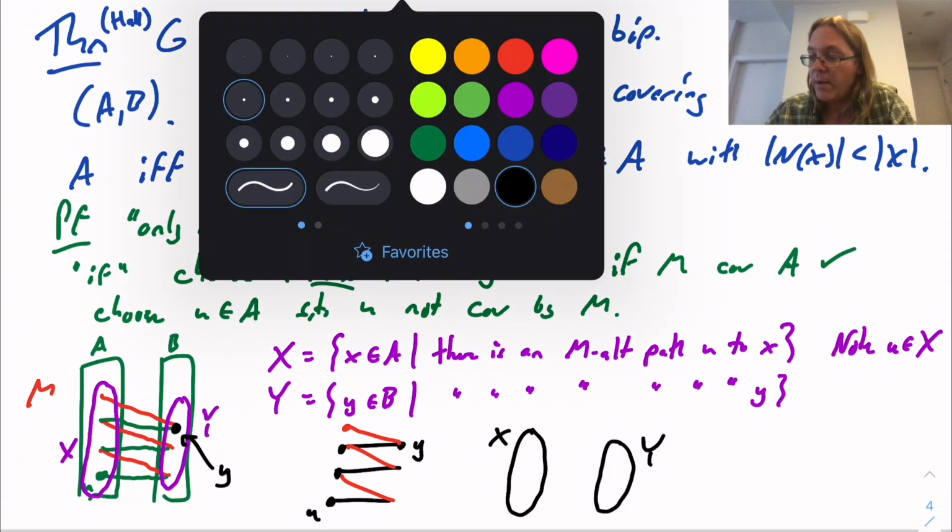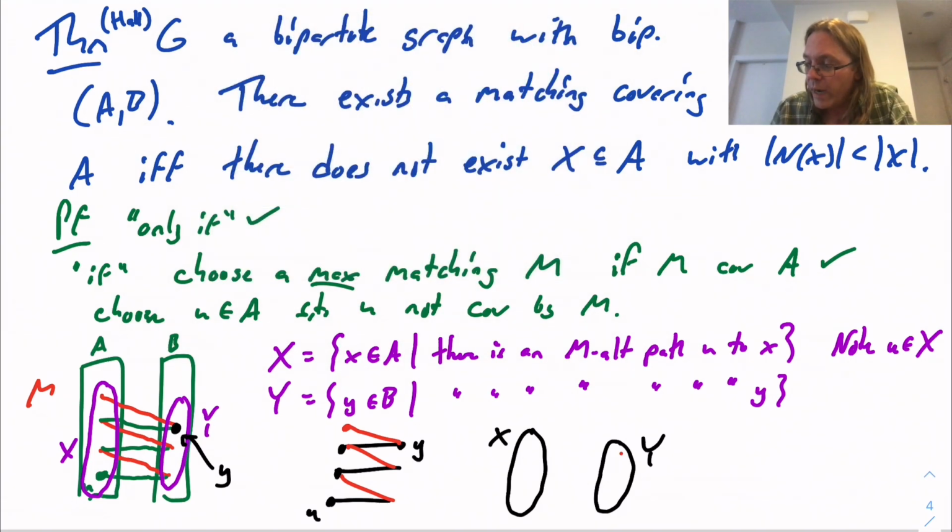We have a similar set Y. What we've just shown is that whenever you take a vertex over here in Y, it's going to be incident with an edge of the matching, and the other end of that edge is going to be in X, right?